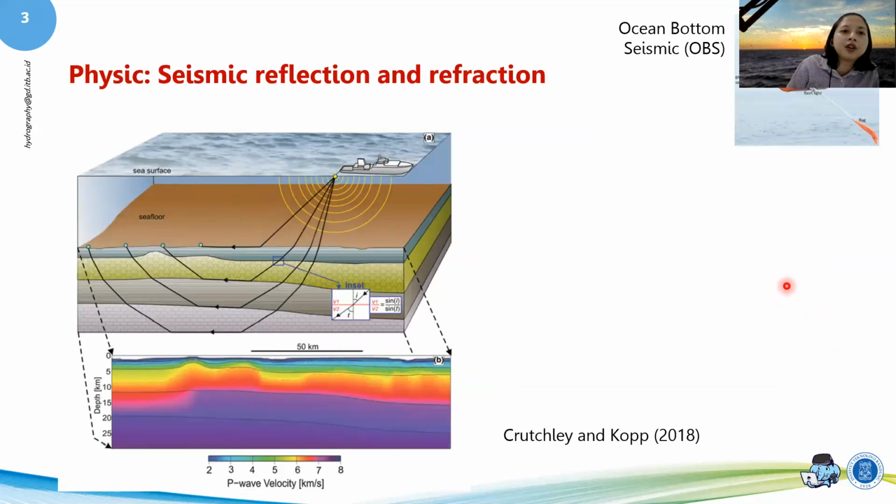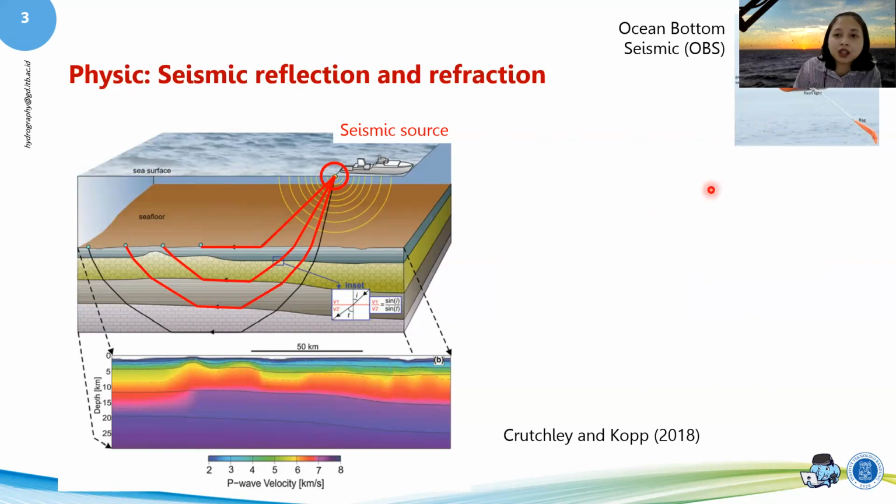Now, we're going to have a look at seismic refraction. Here you've got the ocean bottom seismic. I hope I'm not covering it too much, but the concept is the same. You've got a seismic source, but instead of having a streamer behind, sometimes you could even plant your receivers on the seafloor. That's why I put OBS in here, ocean bottom seismic.